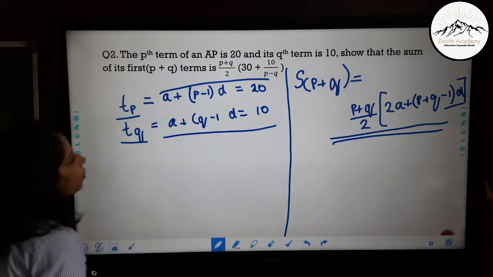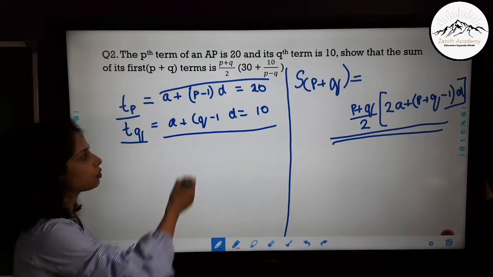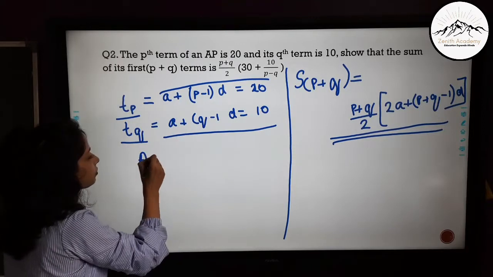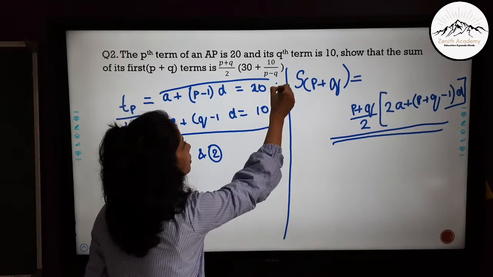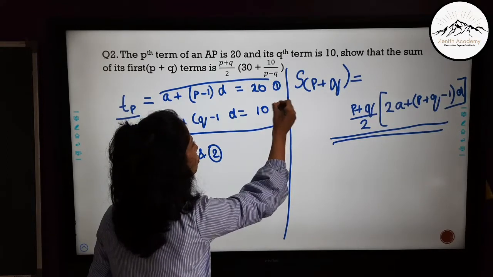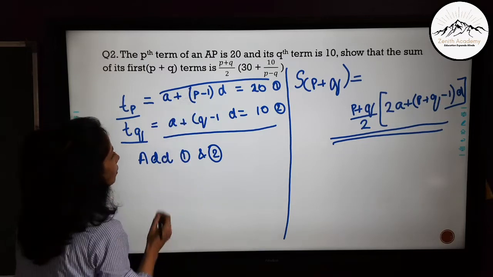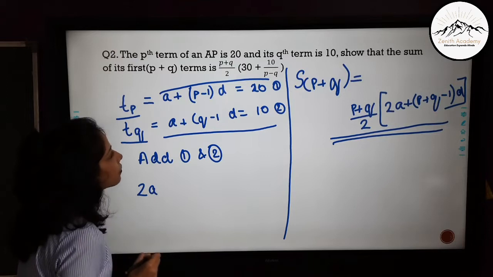So now what operations can we perform? Let's see by first adding these two equations. This is 1 and this is 2. So when we add these two equations, what we'll get? A plus a will give us 2a.